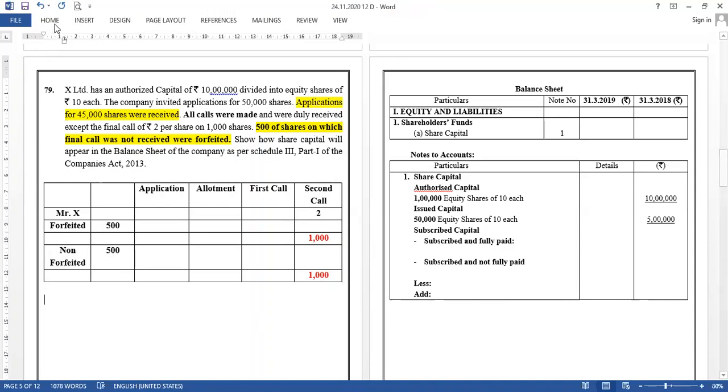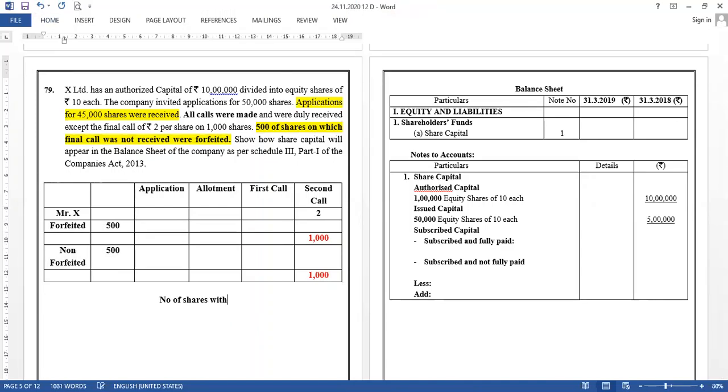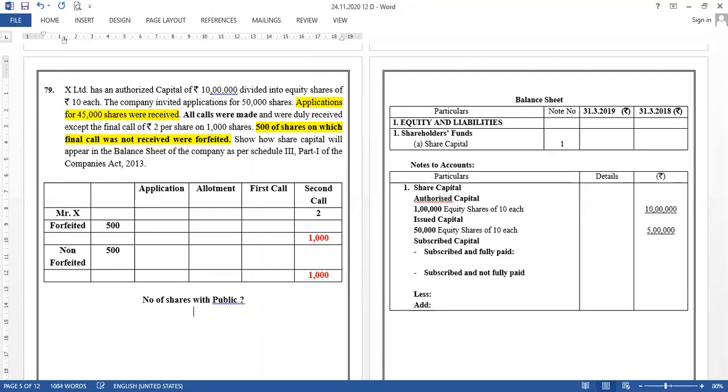अब the same question. Number of shares with public. How many? Yes. 44,500. 44,000. I'm not able to hear you properly. Yes, anyone? 44,000. Is that correct?